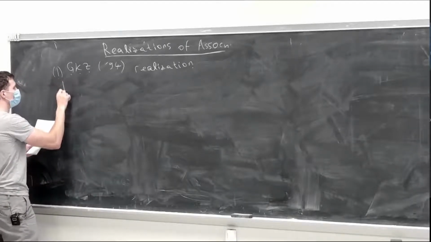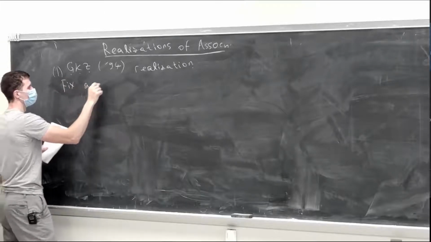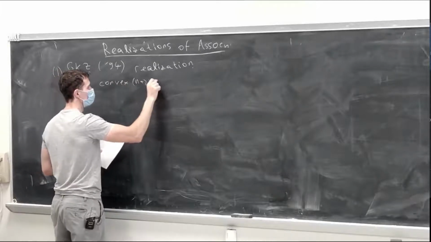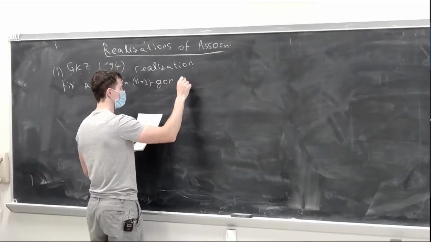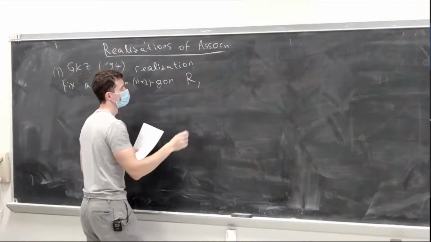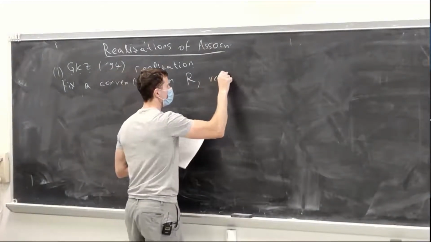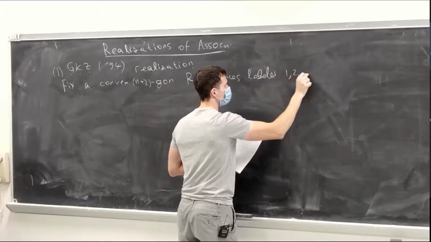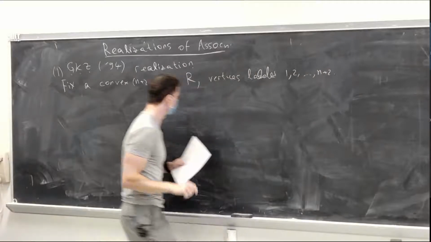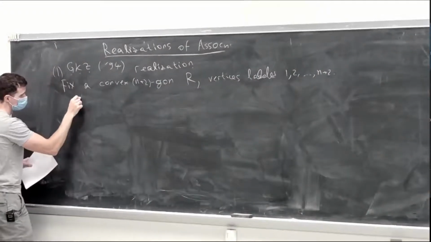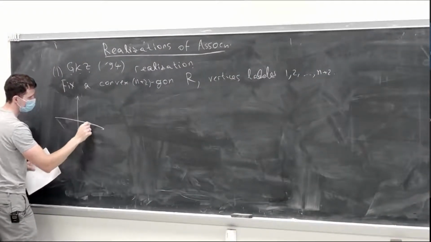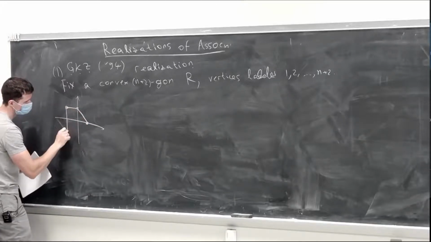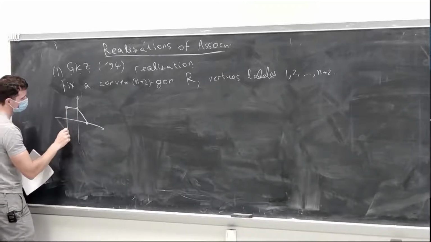So let's say you fix an actual convex n plus 2 gon in the plane with vertices labeled 1, 2, all the way up to n plus 2. So I want an actual polygon, maybe I draw the plane R squared, and then my polygon is going to look like this, with vertices 1, 2, 3, 4.